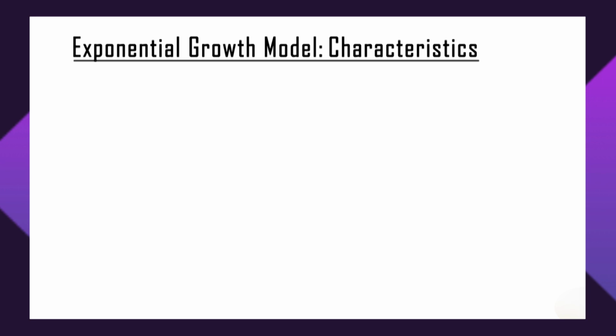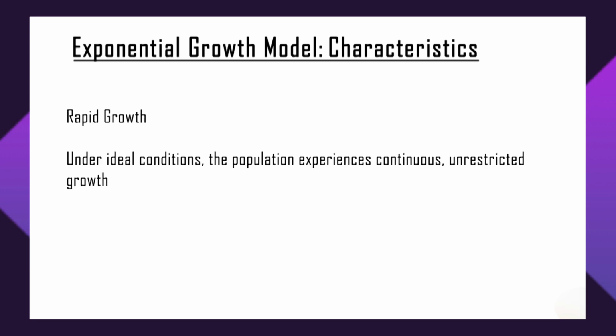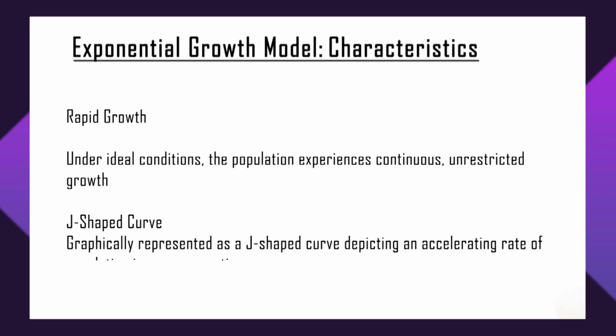In exponential growth models, we consider the growth to be exponential because it is very rapid. There is no bottleneck associated with this process, and the graph is explained in this particular figure. We often see a J-shaped curve because there is no reduction of growth with respect to time.